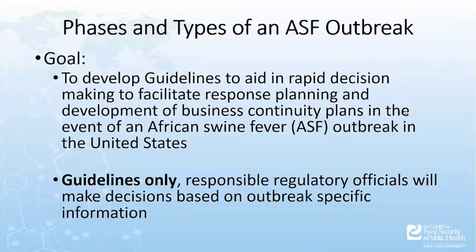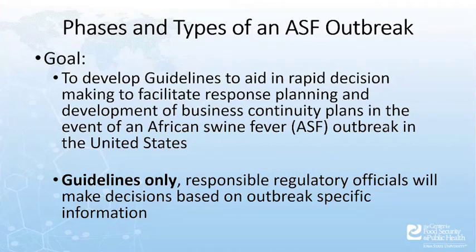So the goal of this document is to develop guidelines to aid in rapid decision-making to facilitate response planning and development of business continuity plans in the event of an ASF outbreak in the U.S. And as with all of the documents in the Secure Pork Supply Plan, this is guidelines only.